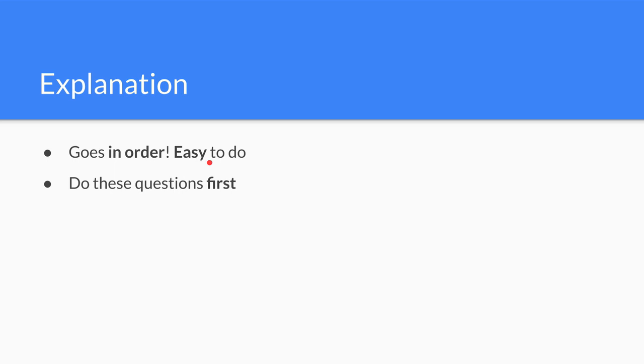Now, let me give you a bit of explanation regarding this type of question. So you already know that it goes in order and that it is easy to do. So naturally, if you see these questions, then you should do them first. For example, let's say that in a reading passage, you have 3 different types of questions.